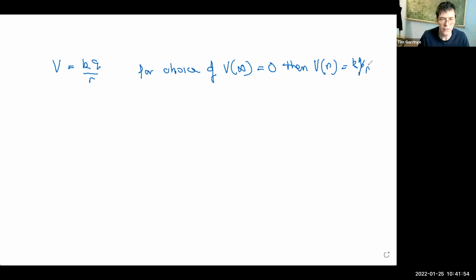So often it's convenient to have the choice that the electrical potential is zero infinitely far away from your charge or collection of charges, but it's not always convenient.